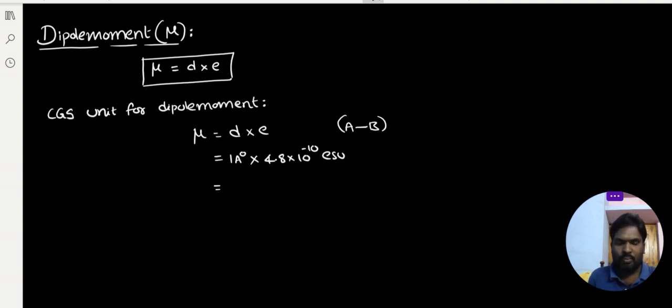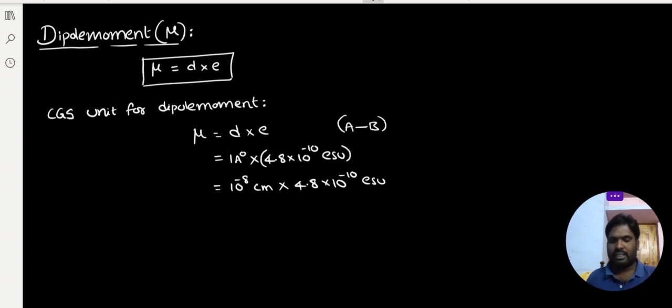So 1 angstrom is 10 to the power of minus 8 centimeters, into 4.8 into 10 to the power of minus 10 ESU. So we get 4.8 into 10 to the power of minus 18 ESU centimeter.